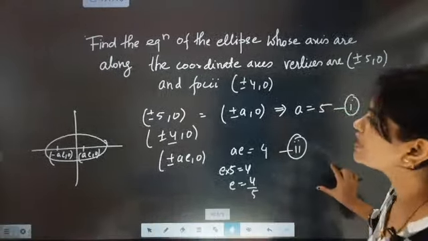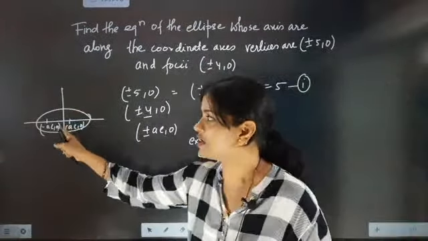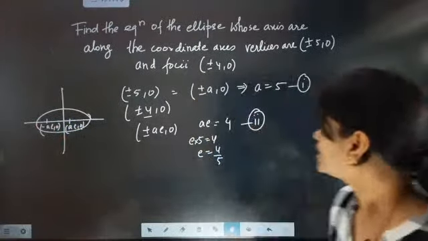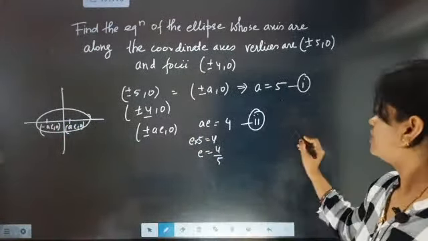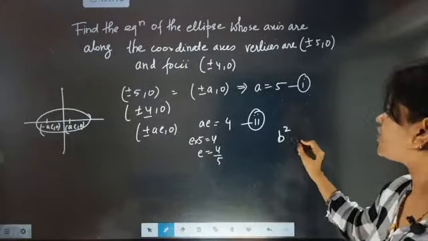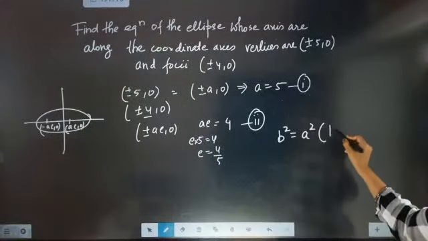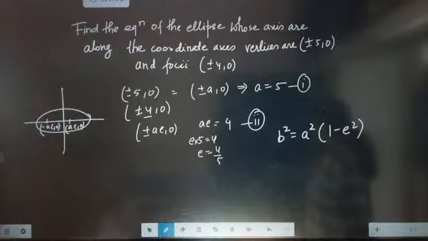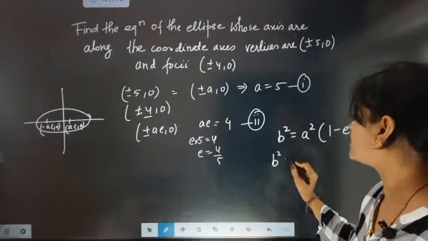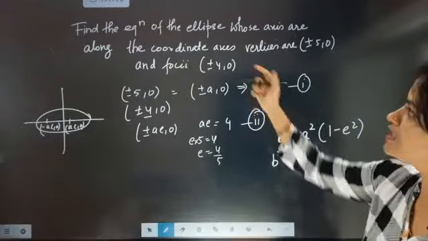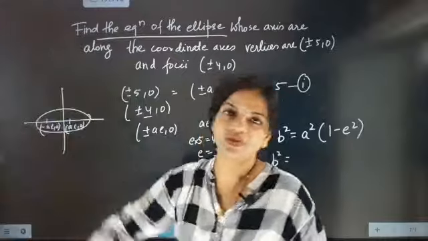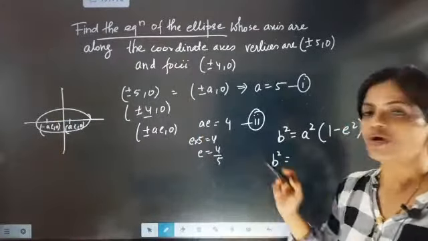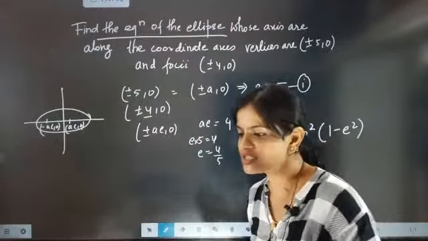Now we know that when the ellipse is resting on the x-axis, b square will be equal to a square into 1 minus e square. Our second work is to get b square, because they told us to find the equation of the ellipse. To get the equation of the ellipse, we must know b.